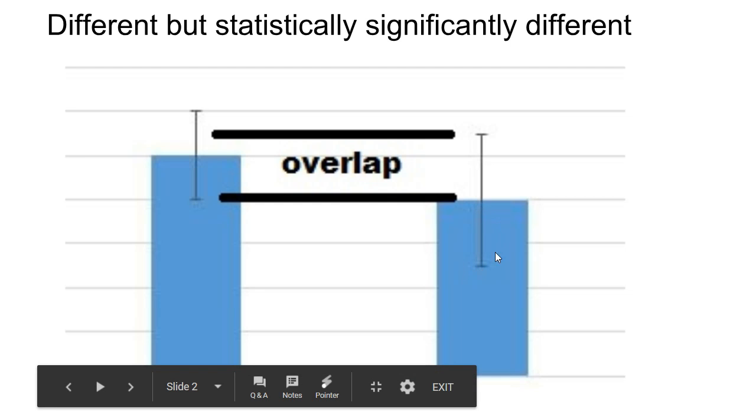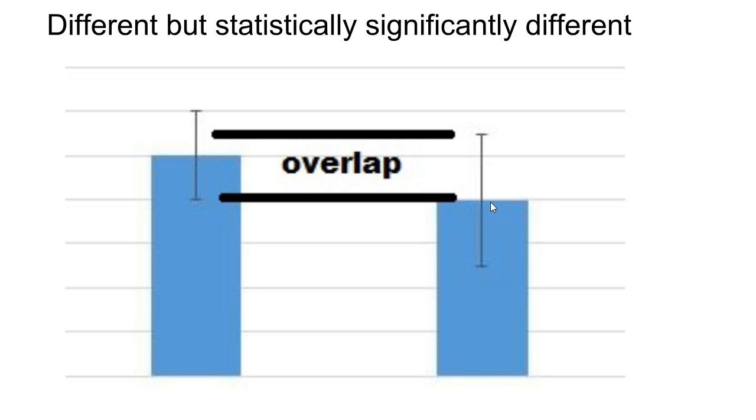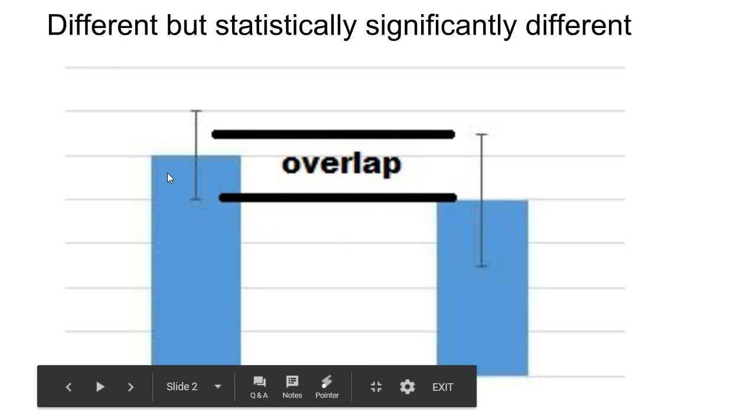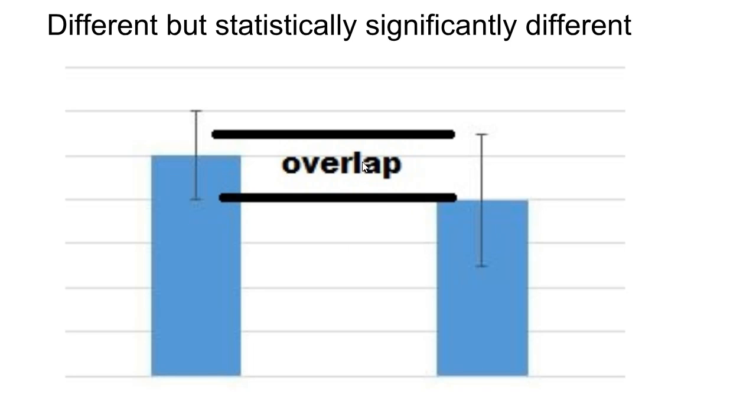So here, this bar, if I go across, does overlap this bar. Actually, most of this bar overlaps this bar. So this bar here, if I go across, does overlap this standard deviation. Because the standard deviations overlap, there is no statistically significant deviation.